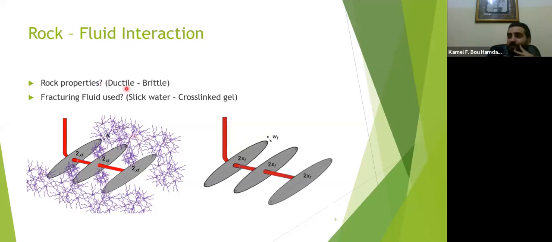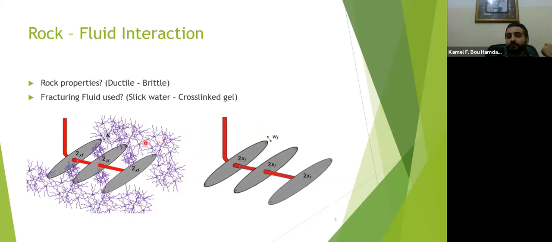If our rock was ductile, meaning it can withstand large plastic deformations before reaching a fracturing phase, you're probably going to get something like that. This rock doesn't really break down easily, so it's just going to create this large opening over here, and besides that, you're going to have very little or negligible fractures. So that's one way to differentiate between these two if we are talking about different rock properties.